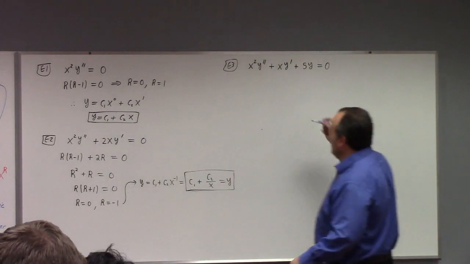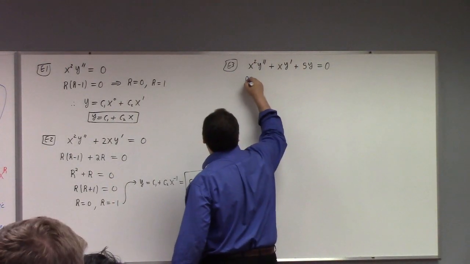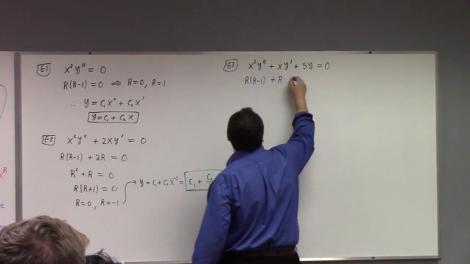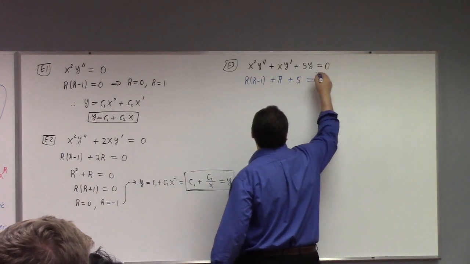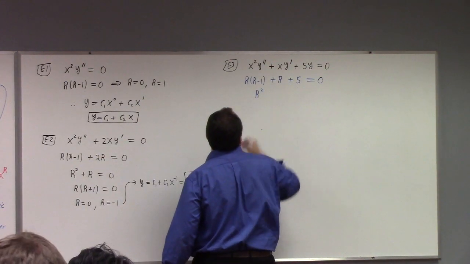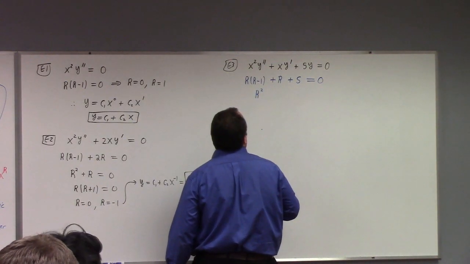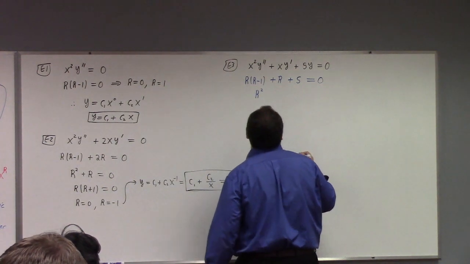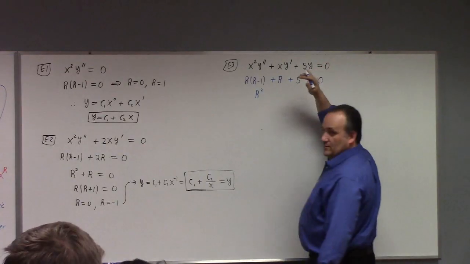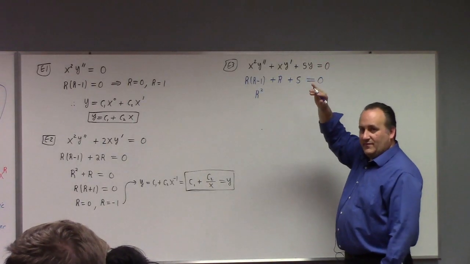Okay, so characteristic equation. We get r times (r minus 1) plus r plus 5 equals 0, which gives me r squared. Oh man. Okay, fine. Can I not put 5 here? If you guys don't mind, this is a freedom I have that you don't.